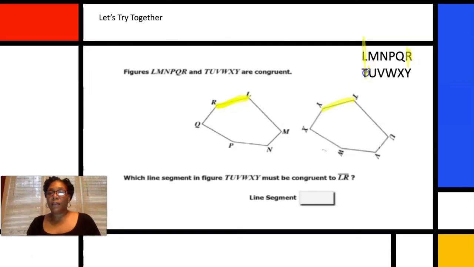T, here's T and Y. And that's the same thing we got when we repositioned our figure. So line segment LR is congruent to line segment TY.